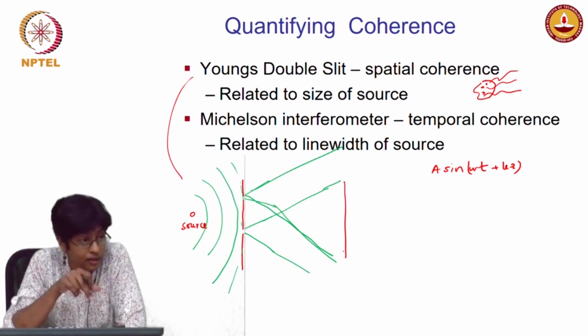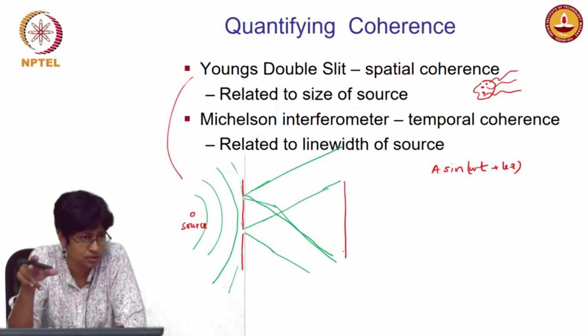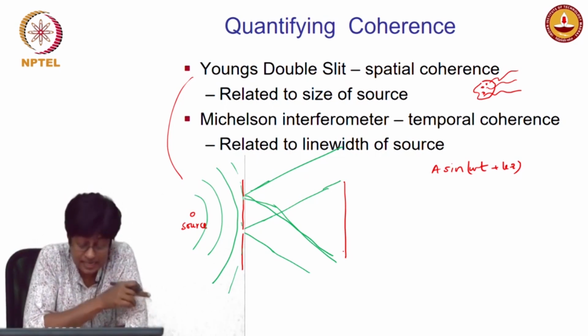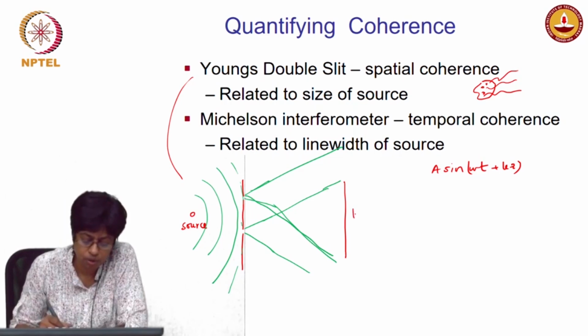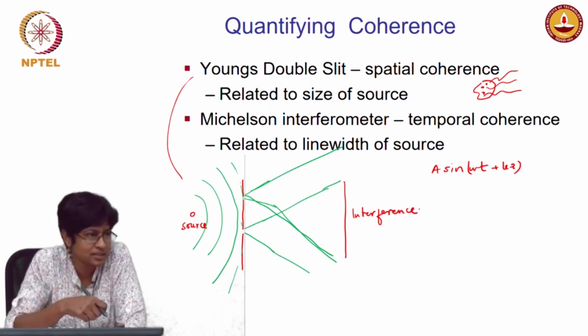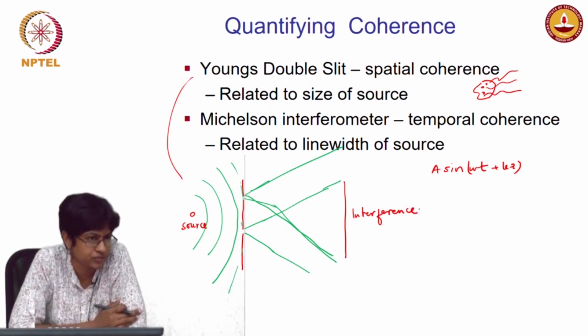So you have generated two sources. Those two sources came from the same wavefront from one source. And now the interference you observe in this region can be used to analyze the spatial coherence quality of this source, right?